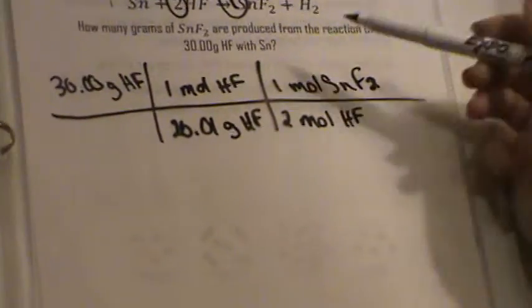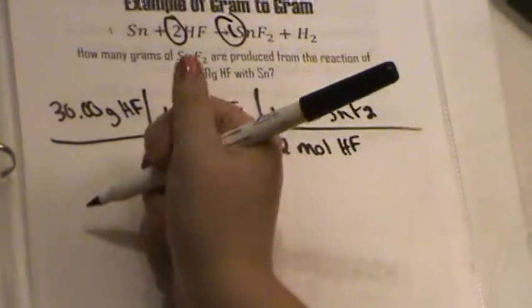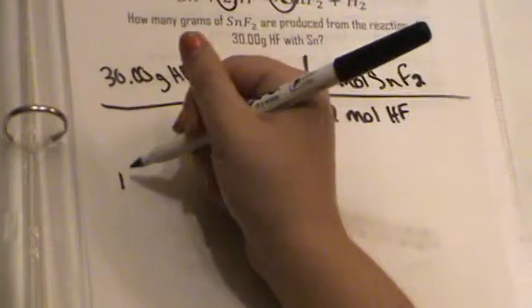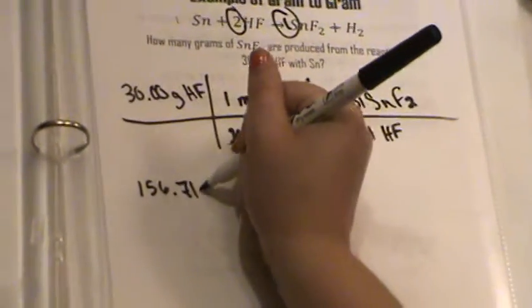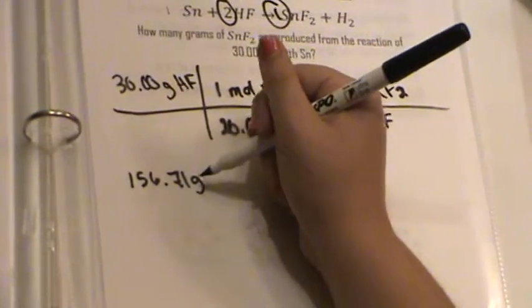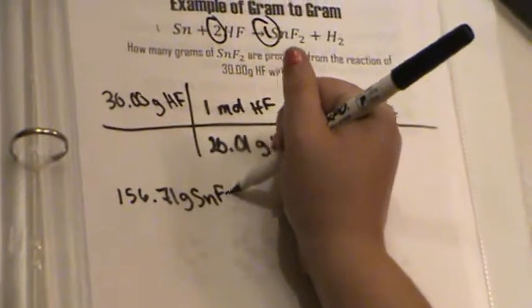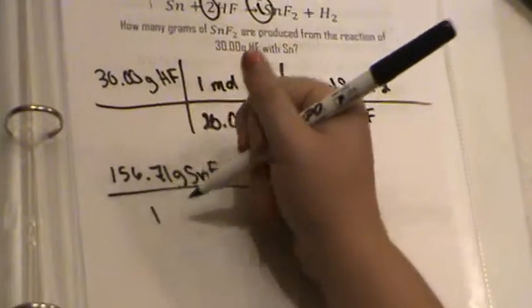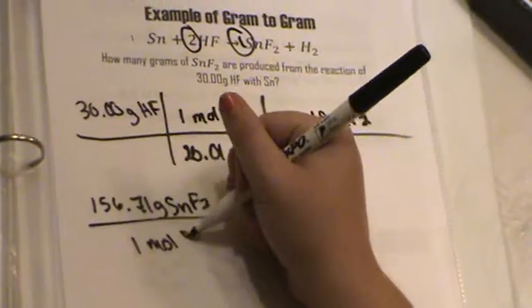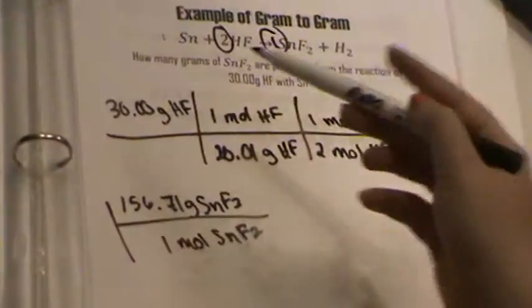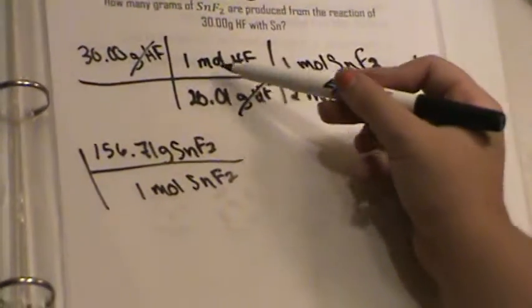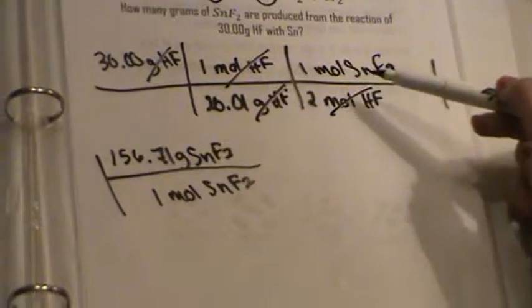And then you have to take the moles and convert it back into grams. So you do this by using the molar mass, which is 156.71 grams, and you put that over 1 mole. So your grams cancel with your grams, your moles cancel with your moles, and your moles cancel with your moles again.